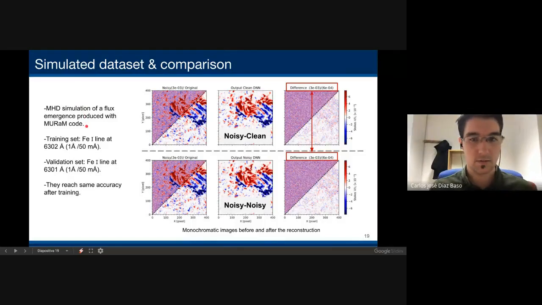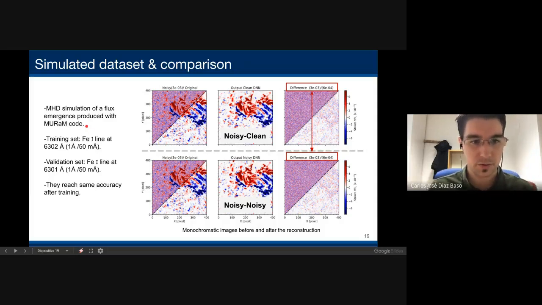Well, I want to clarify two different things. The distribution of the noise probably belongs to the instrumentation and the telescope. So if you train a neural network with data from a telescope in different spectral lines, it could be applied to whatever spectral line you observe with the same telescope.